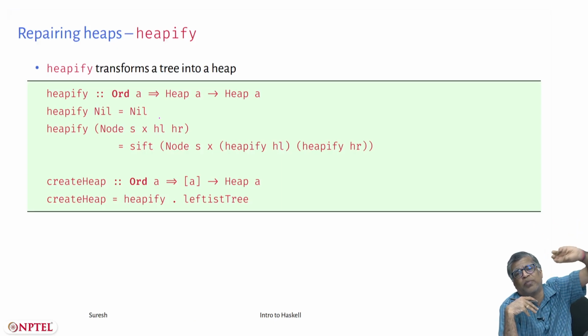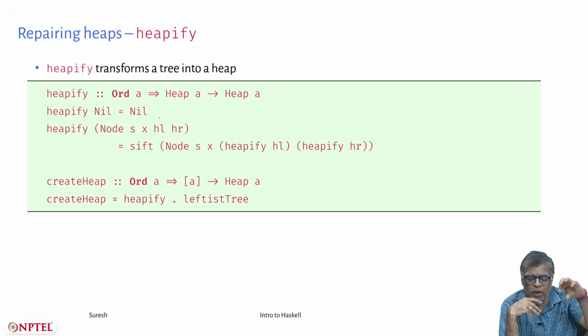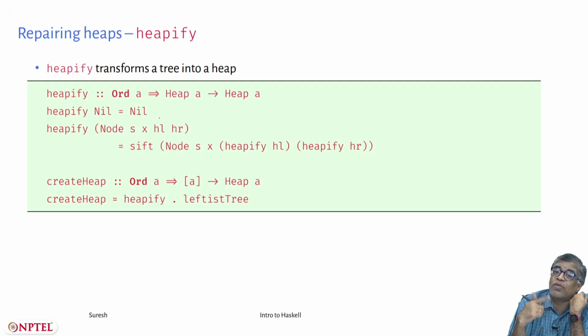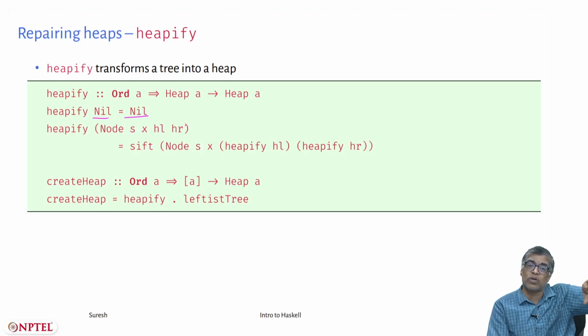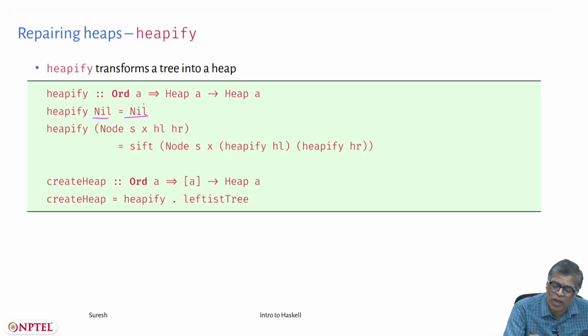Somewhere down in your subtree you might have a node which is less than one of its children. So you have to recursively do this sift in some sense. So heapify of nil is nil. Heapify of node Sx HL HR is you first heapify HL, means convert HL to a heap, because this is not a heap.